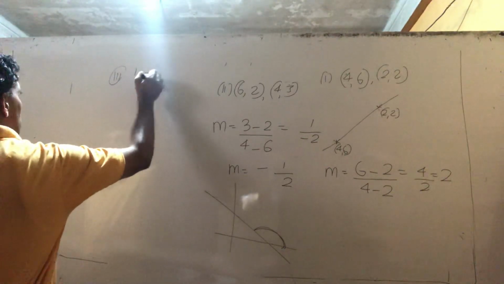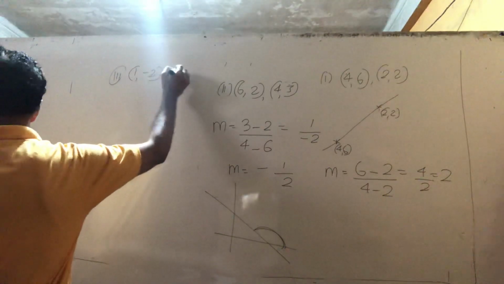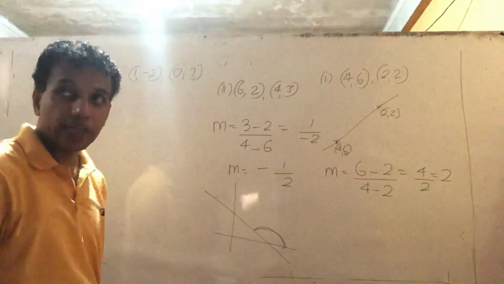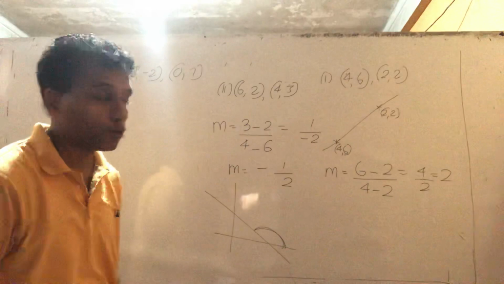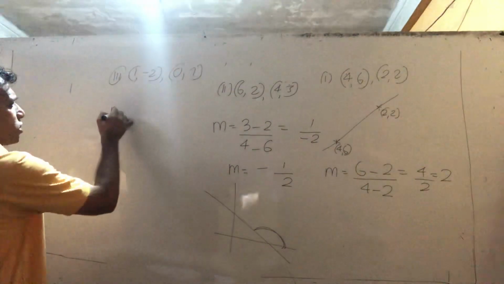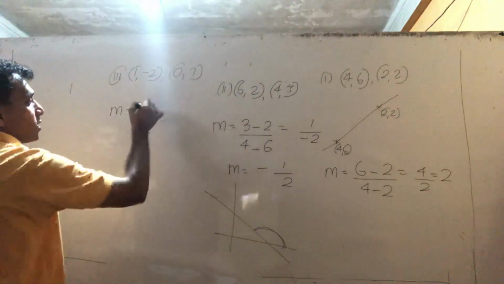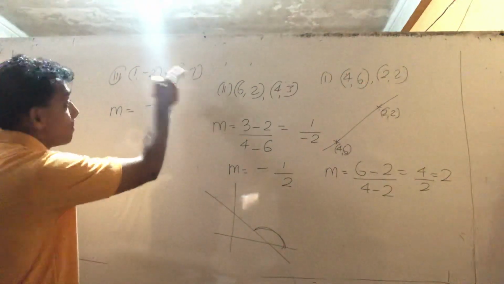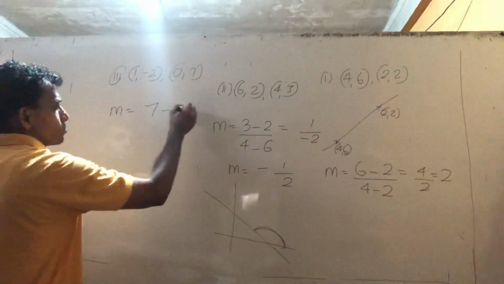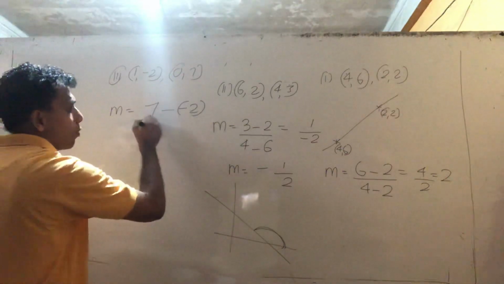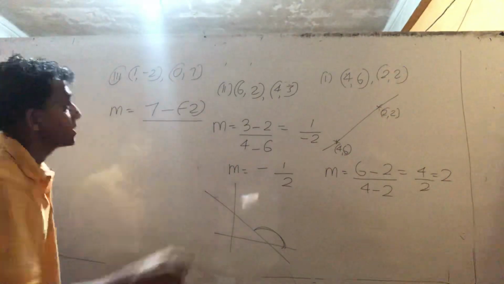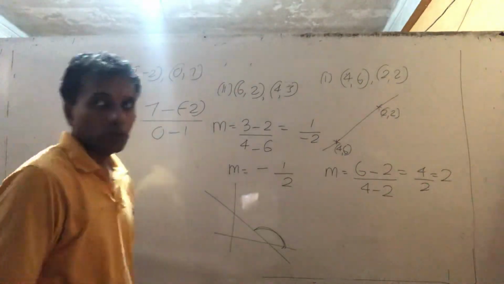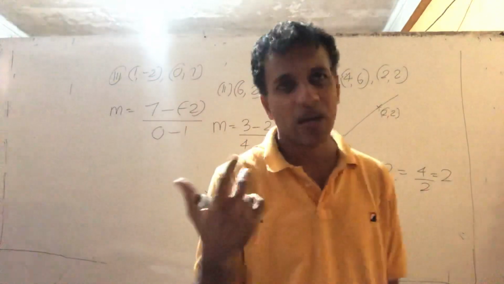Next one: (1, -2), (0, 7). Now find the gradient of this straight line that passes through them. So m equals 7 minus what? Minus 2. The same order, divide the x coordinates: 0 minus 1. So properly mark the values. If you misuse them, the answer is wrong.